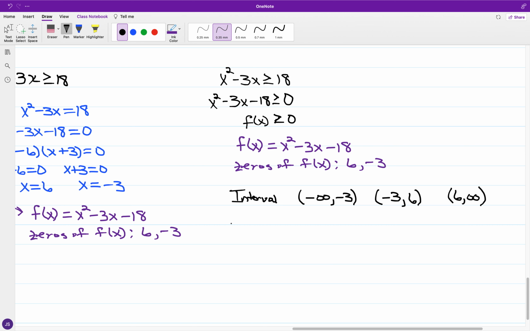And just looking at the test values we can apply: anything less than negative 3, negative 4 is a possibility. Between negative 3 and 6, 0 is a possible value. Anything greater than 6, just go with the number 7.